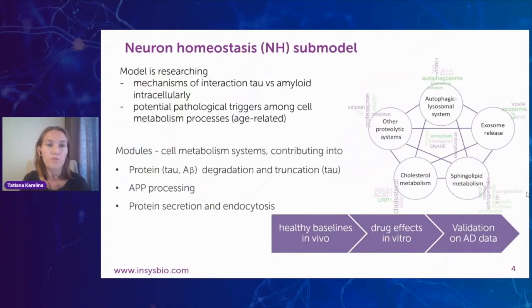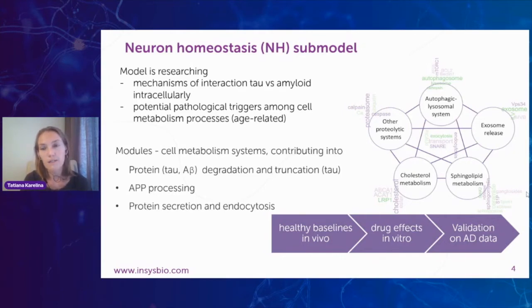We have developed a specific model for intraneuronal processes because we assumed that amyloid beta and tau pathology are tightly connected through different intracellular mechanisms of regulation. Some of them have been mentioned before on the previous slide. Moreover, we assume that some of these intracellular mechanisms can be potential pathological triggers.